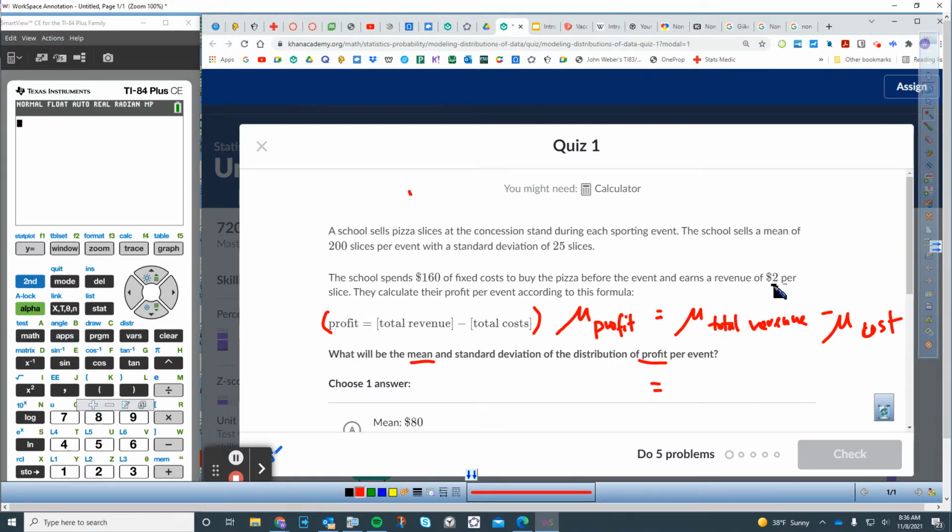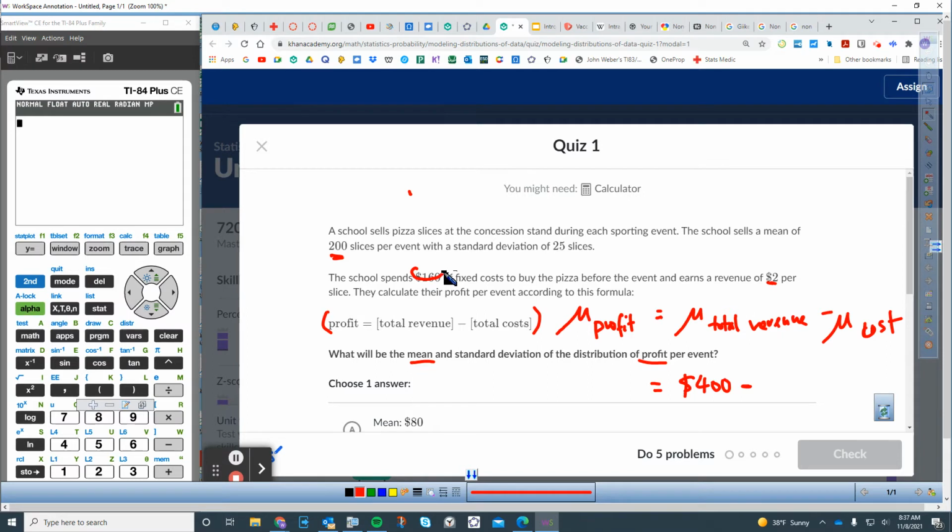The money all comes from the fact that it says here earns a revenue of $2 per slice. And how many slices do they on average sell? 200. So $2 per slice means 2 times 200, and we should be expecting a total revenue of 400. Now, what's the mean cost?